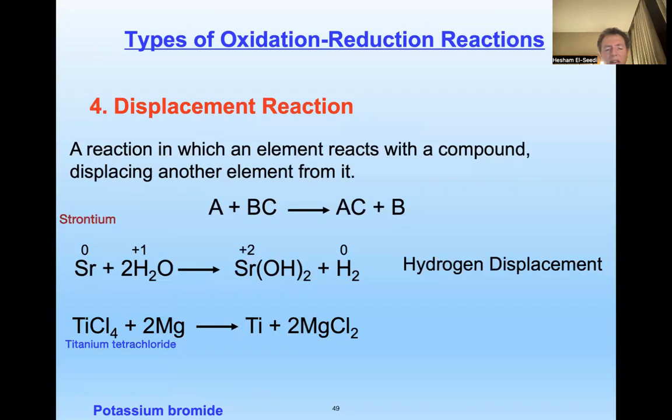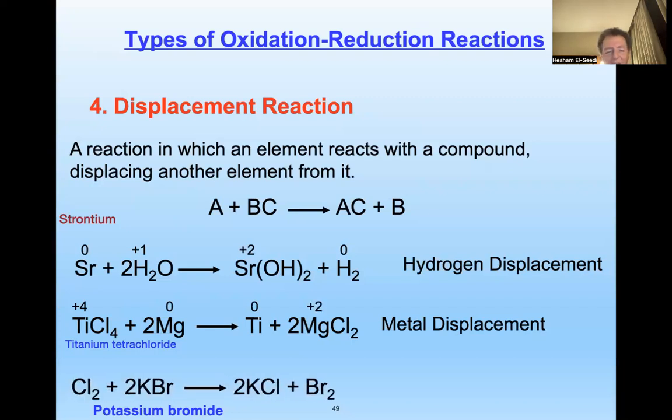Now, titanium will be displaced by the magnesium metal, right? Chlorine plus potassium bromide is the same way. It will give you a halogen, which is bromine, because chlorine displaces bromine in this displacement reaction.